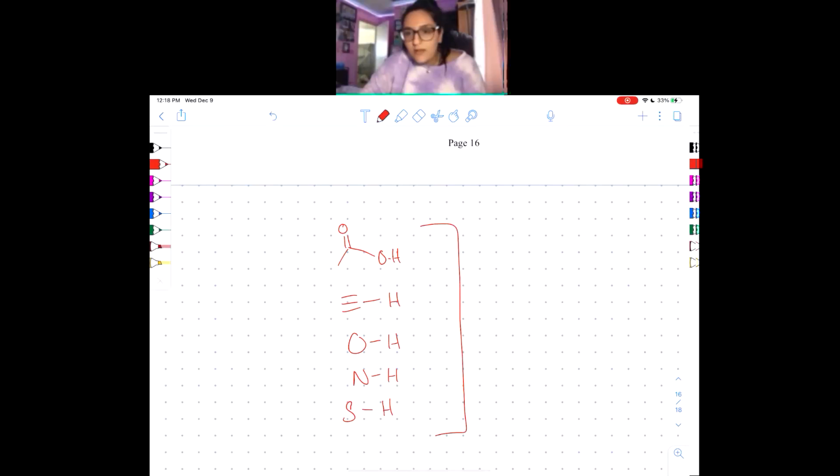If you have any of these hydrogens present on your molecule, the Grignard reaction will not happen. In any other case, you can perform the Grignard reaction.